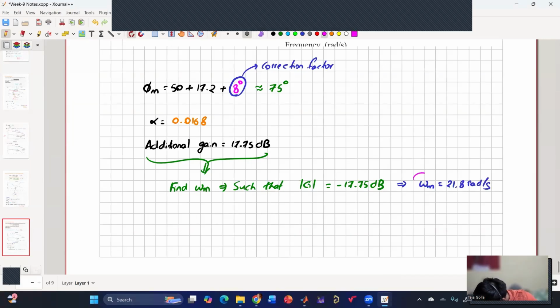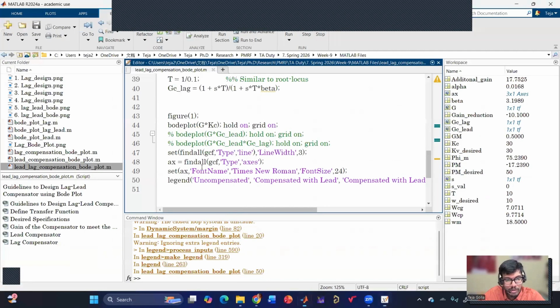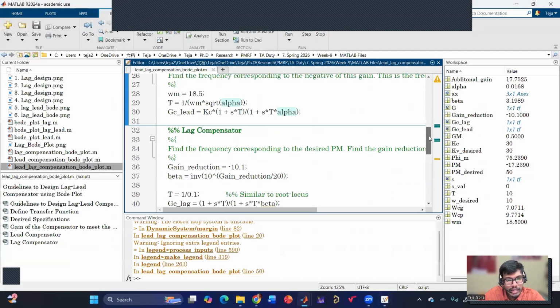So now calculate T. So we have to find T. Once we get T, then we can calculate GC lead. So first we are designing the lead compensation. So let us see, omega m is 21.8, whatever we were getting.